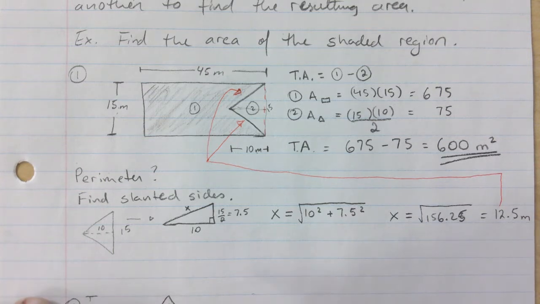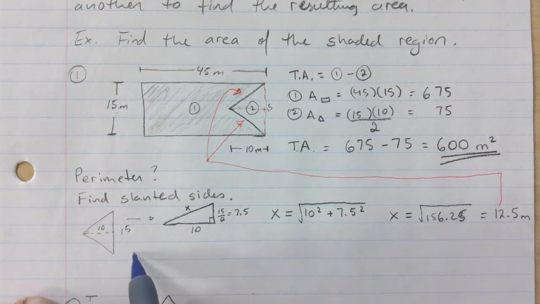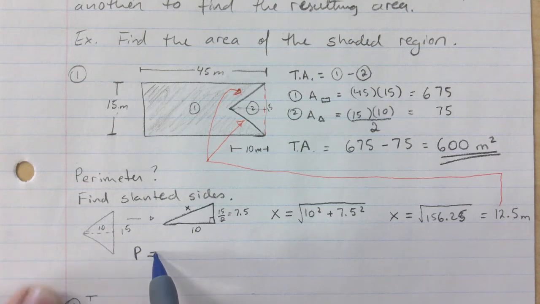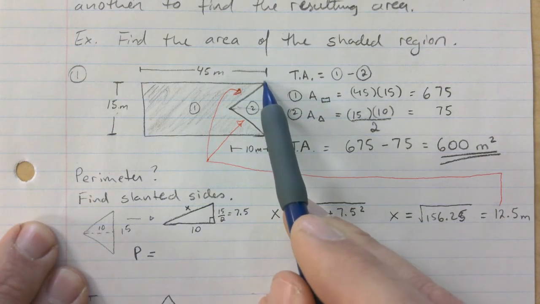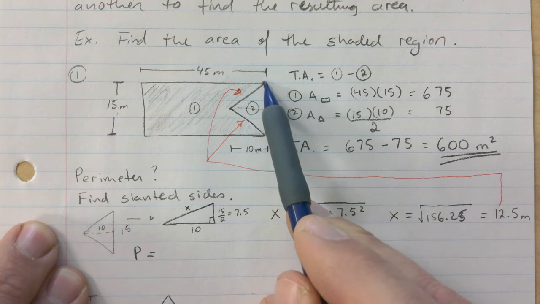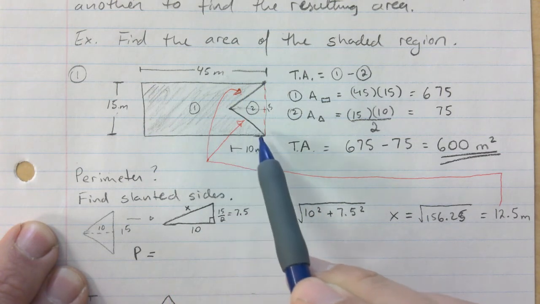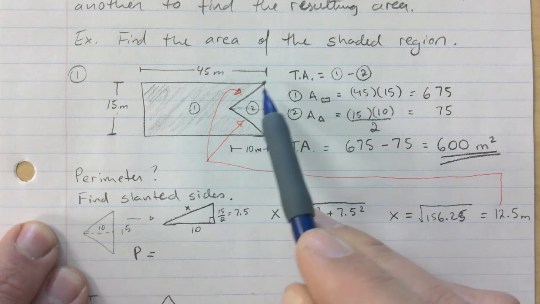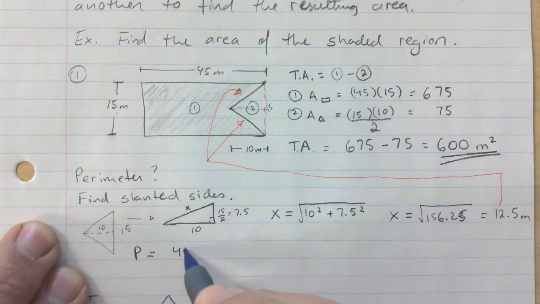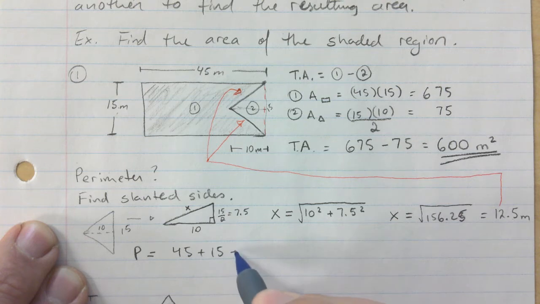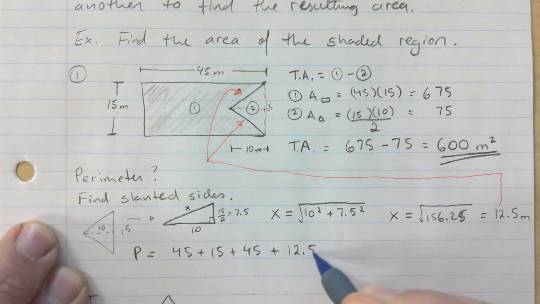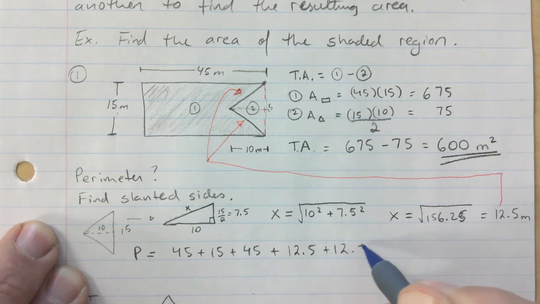So let's finish what we started. The perimeter would be, if you think about it, let's start up here. It doesn't matter: 45, 15, 45, and then the two slants here. 45, 15, 45 plus 12.5 plus 12.5.